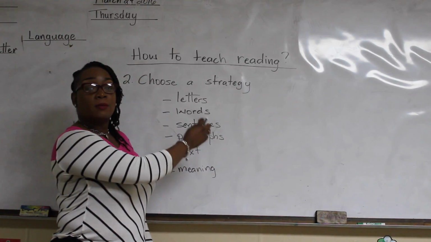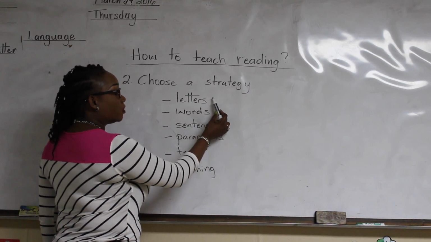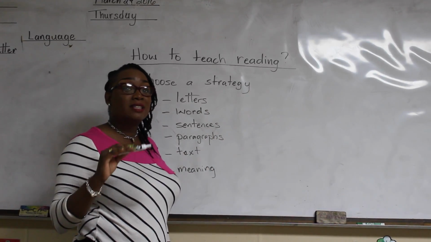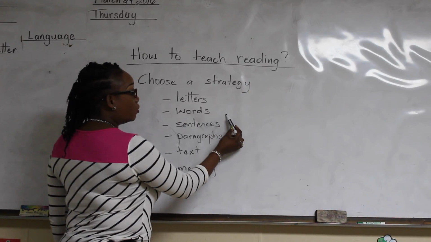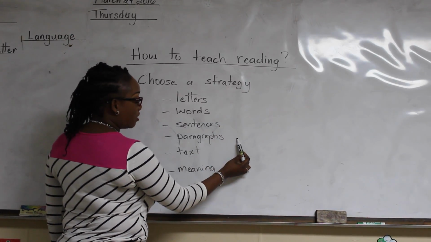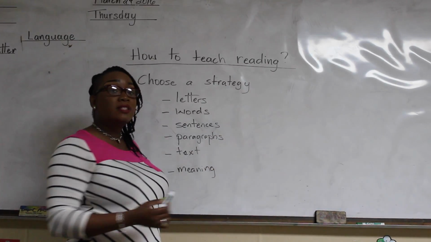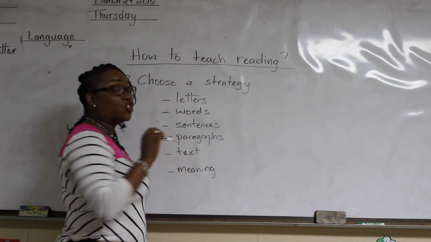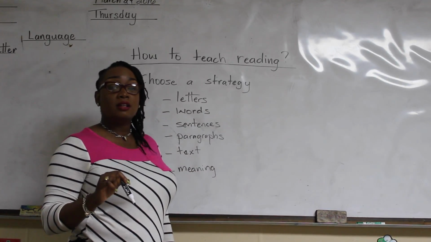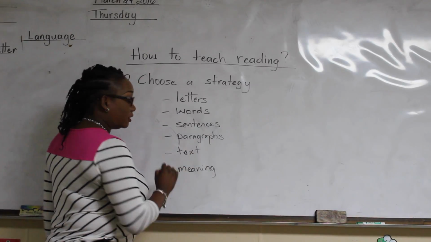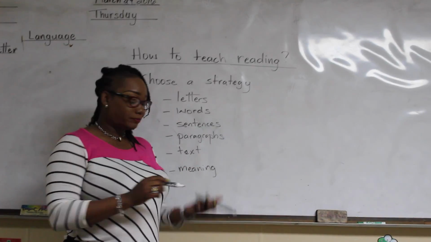So this is what you call the bottom-up strategy. They go from the bottom, which is letters, the basic level, letters, words, sentences, paragraph, text, and meaning. So once they've mastered all of these, they should be able to understand the meaning, comprehension at this level. Okay?